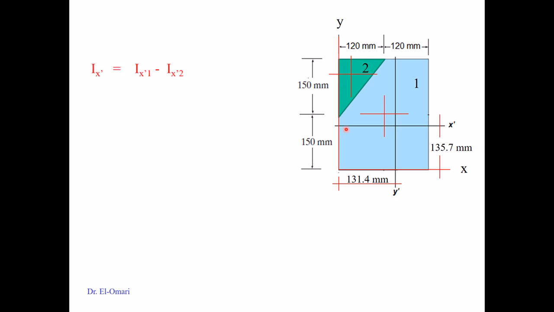So if we need to find the moment of inertia about this x-axis, then we find the moment of inertia of the whole cross section, Ix1, and then subtract from that Ix2, and for the y it is Iy1 minus Iy2. So we just follow that, and we keep the same reference axis because we know the location of that.